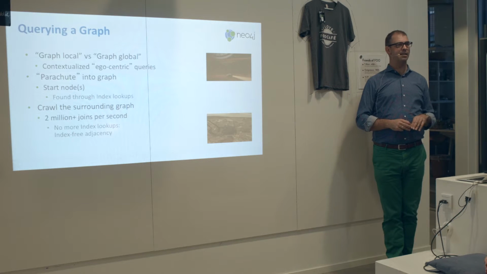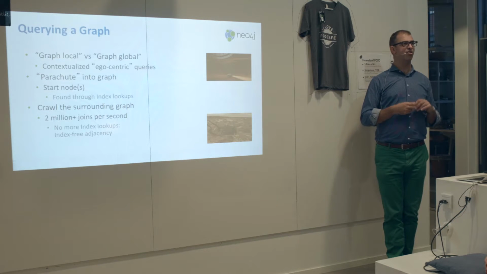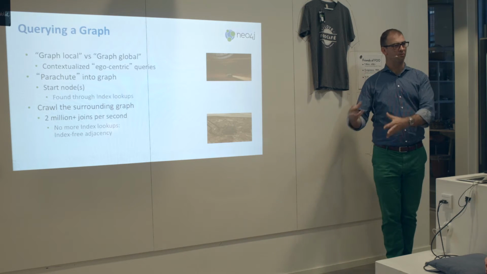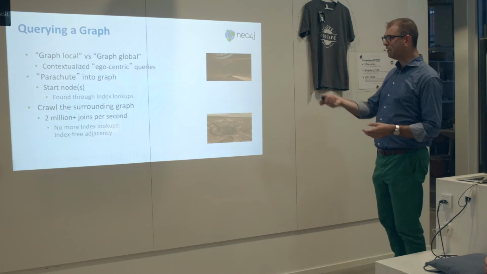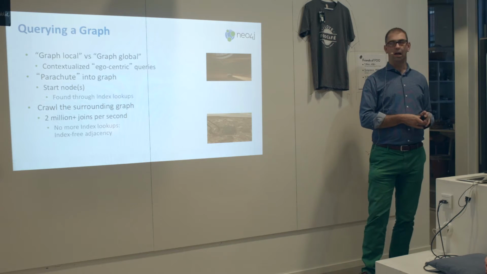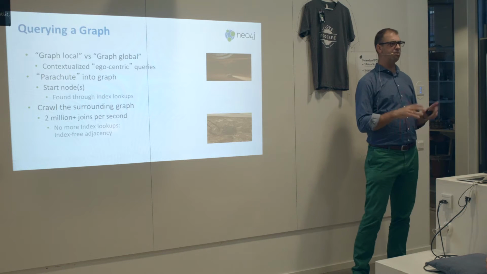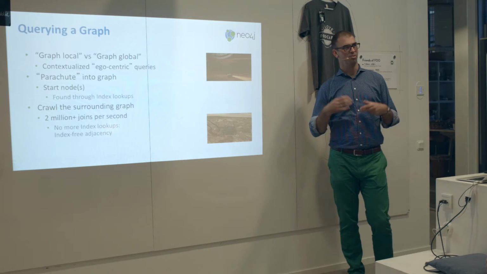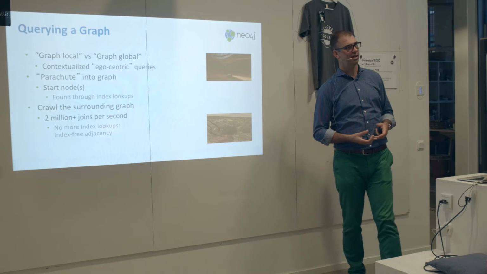One of them is not so good for a graph database. The other one is really good for a graph database. It's the difference between local and global queries, right? At small scale, this really doesn't matter that much. At large scale, this really matters.